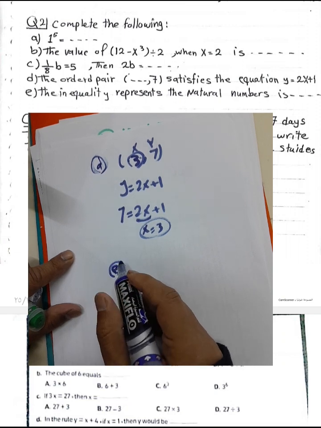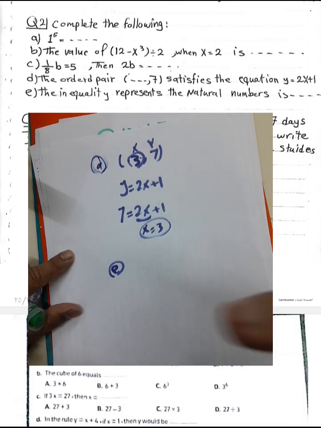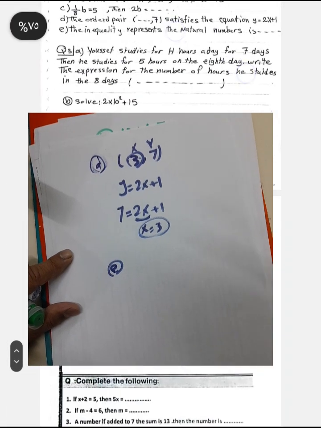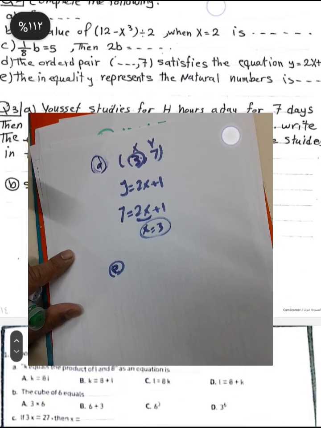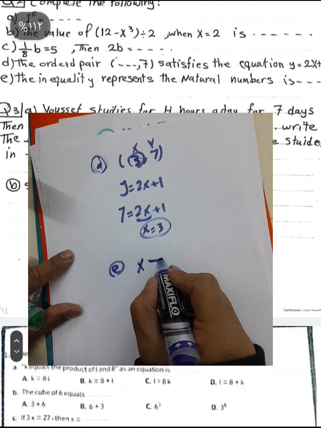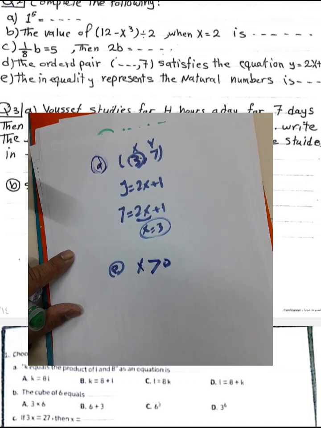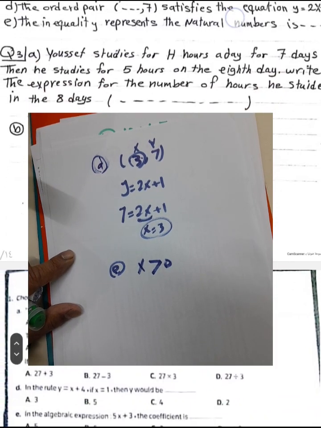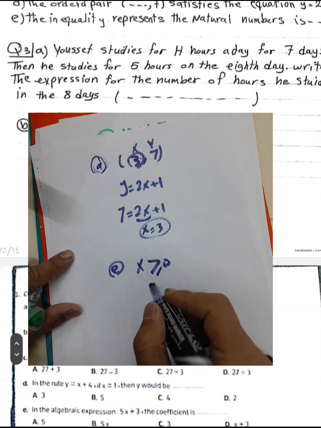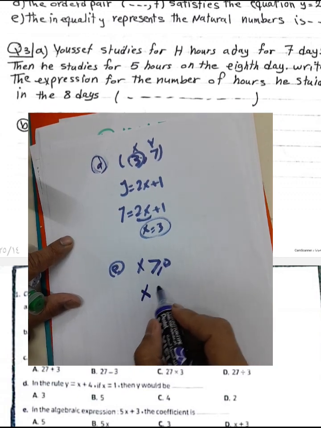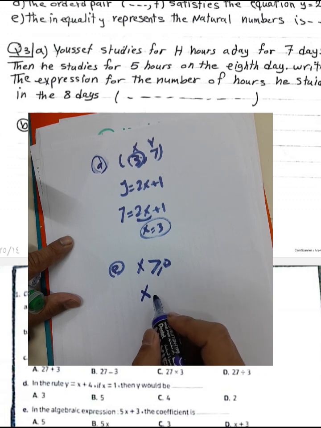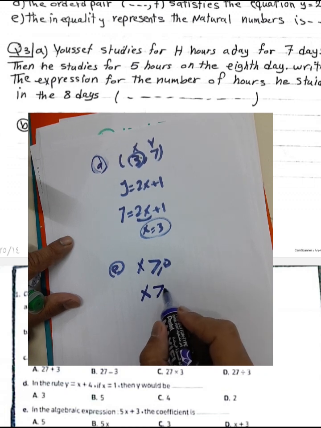Letter E, the inequality represented in natural numbers. Okay, it's a natural number. We have x greater than 0. The inequality represents the natural numbers, x greater than or equal to 0, or x greater than -1.